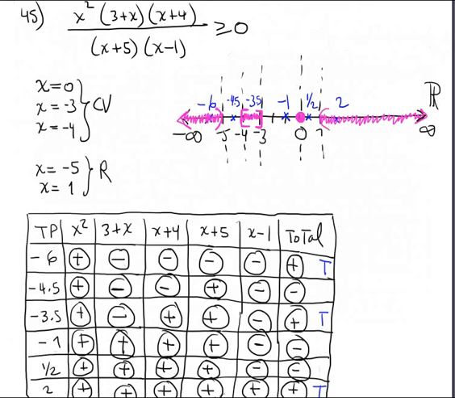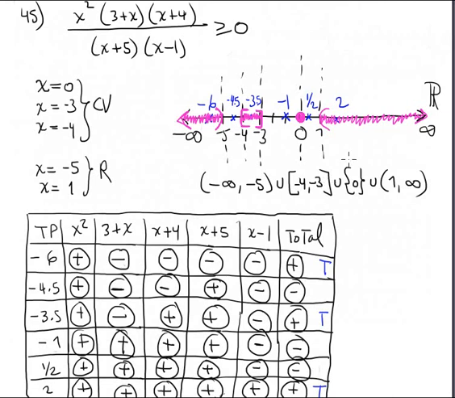Okay, so the interval notation is from negative infinity to negative 5, union, bracket negative 4 to negative 3, union 0, which is an isolated point, union parenthesis 1 to infinity.